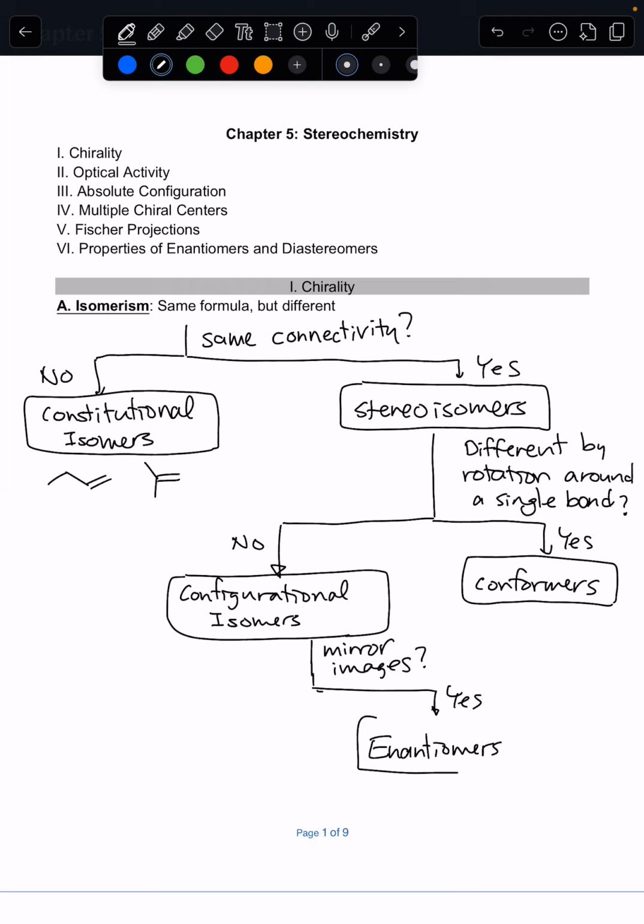And if the two different configurational isomers or stereoisomers are different, but they're not mirror images of each other, then they're called diastereomers.